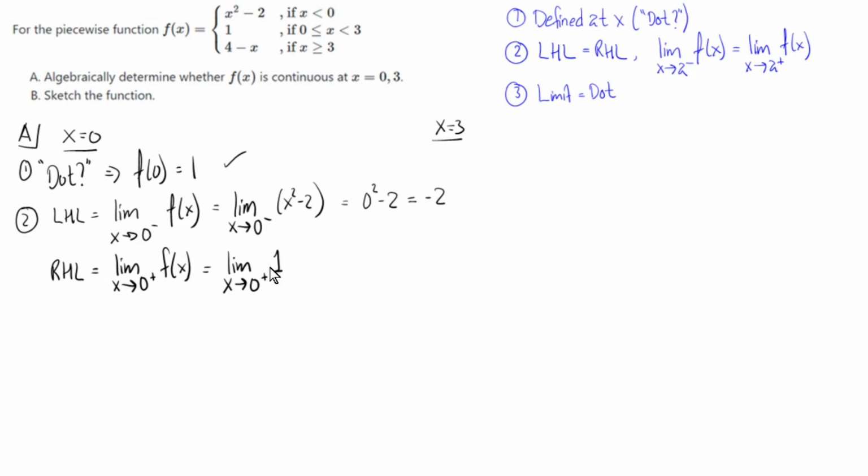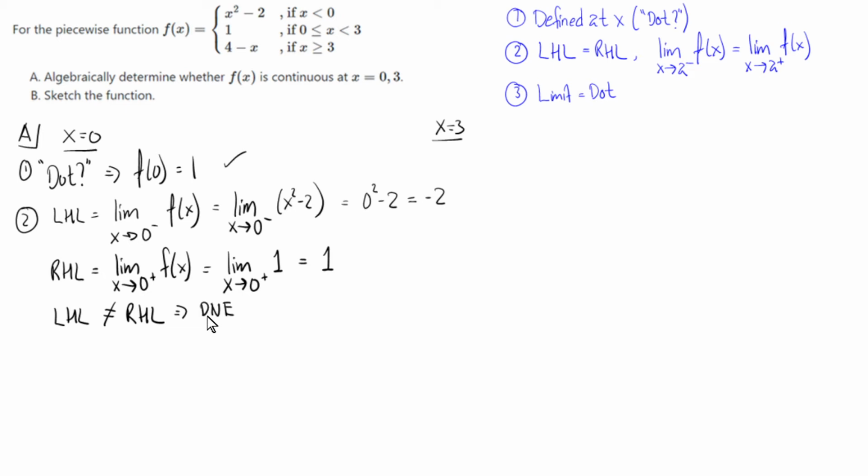Here, the function is a numerical constant, which means that the limit will be that numerical constant. The limit is 1. So here we can now see that the left-hand limit is not equal to the right-hand limit, which means that the limit does not exist.